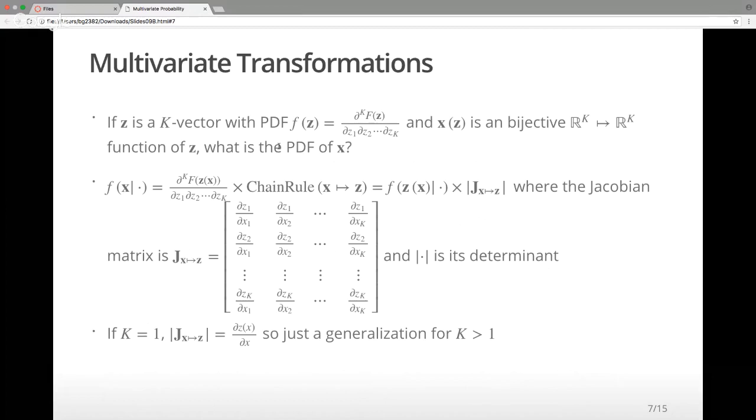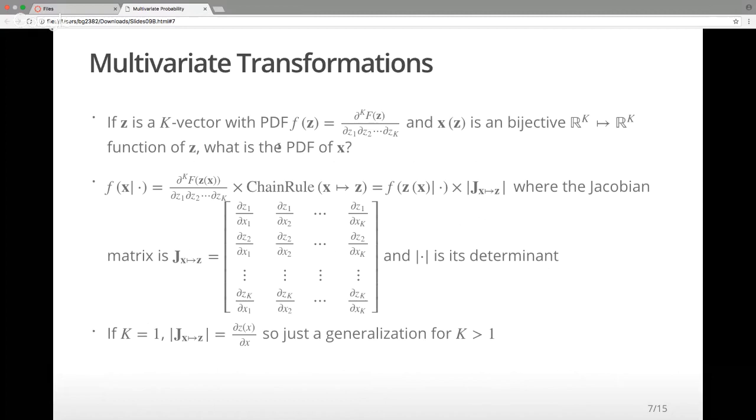And the PDF, possibly conditional PDF of the random variable X, is equal to the PDF of Z written as a function of X multiplied by the chain rule in the multivariate case.